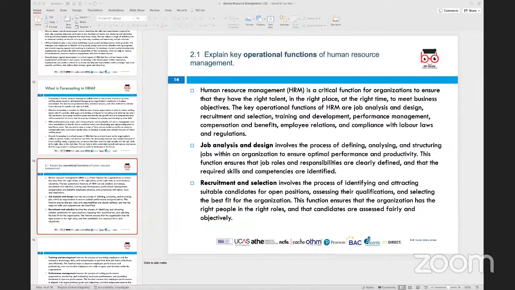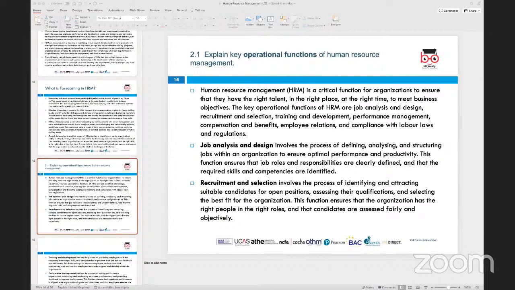They would go into job analysis and design, create the function, and define its various responsibilities clearly, along with the skill sets and competencies required to conduct that function.